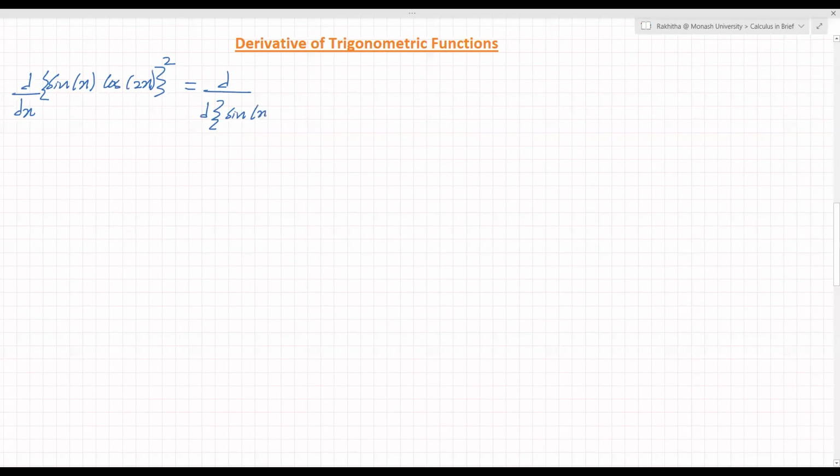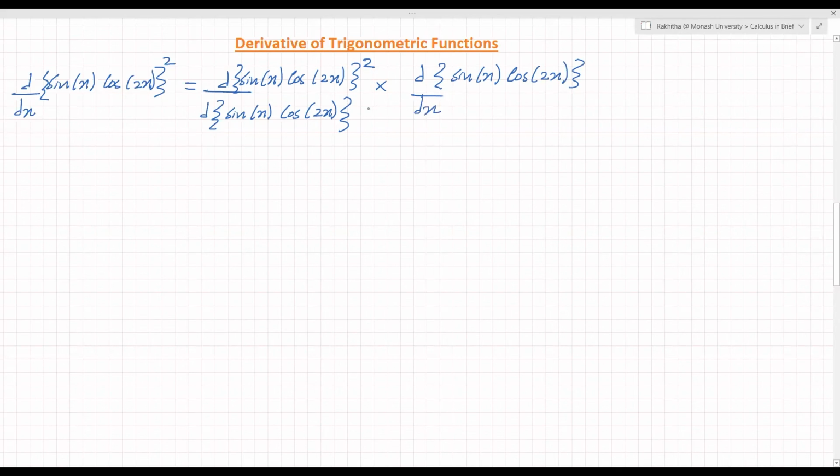So you will have sine x cos 2x, the whole thing to the power 2, and then multiplied with, so you are going to sort of cancel it. So that would be sine x cos 2x over here, and then you are going to divide this by dx. So this is the construction that we are going to have. That is the chain rule.